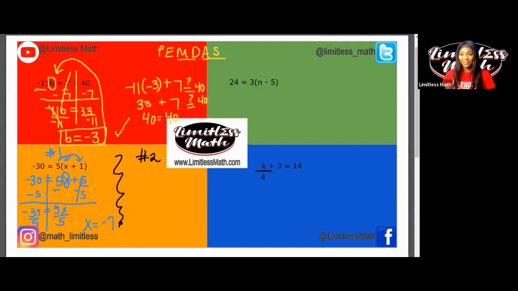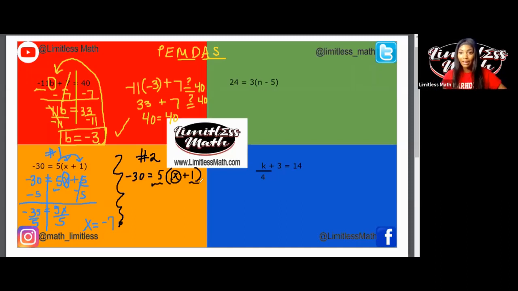This time, instead of distributing that 5 through, let's start with identifying the variable. So x is a variable. And let's say we need to get rid of this 5 and this 1. Remember, it's reverse order of operations, but we have the x plus 1 in a grouping.